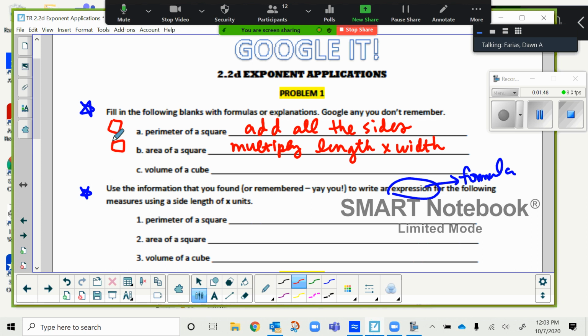But when you talk about volume of a cube for part C, a cube is like a square, but in 3 dimensions. So when you draw this, right, a square in 3 dimensions is a cube. And when you talk about the volume of a cube, it's the area of the square on bottom times the height.